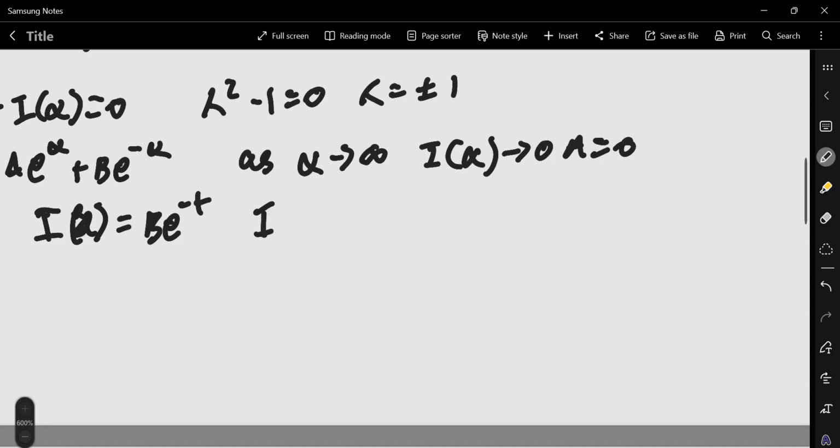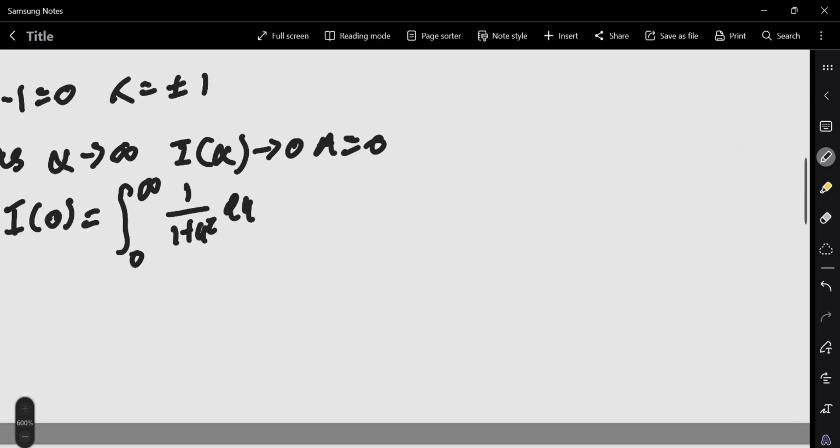Okay. So this is going to be the integral between 0 and infinity of 1 over 1 plus u squared du, which is arctan of u between 0 and infinity.